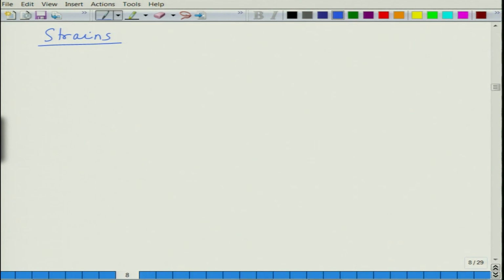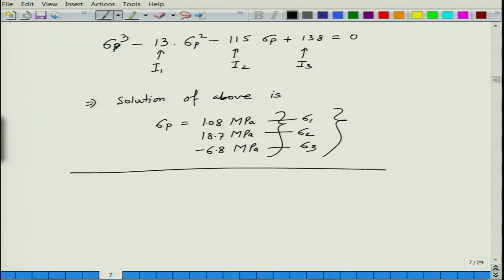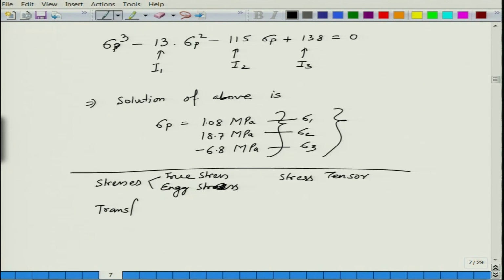Okay. So, what we have worked out in stresses until now is basically what stresses are: true stress, engineering stress, what is stress tensor, the transformation of axis.